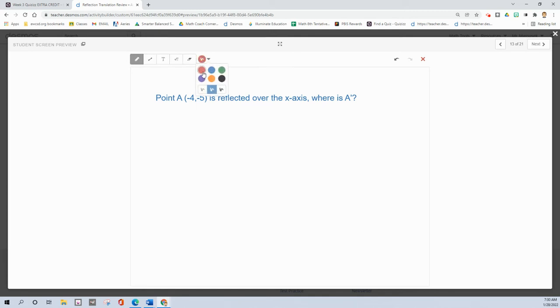Now, once again, it's an x-axis reflection. X-axis reflection, the x stays the same, and the y is going to change. And that's your new answer for A prime.